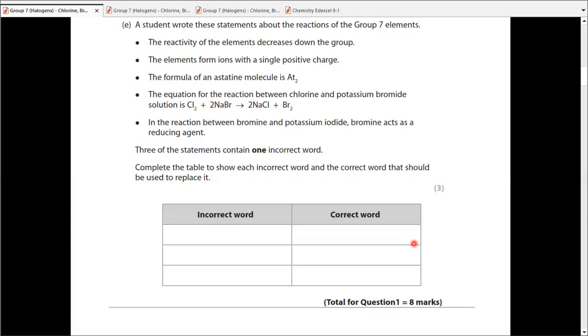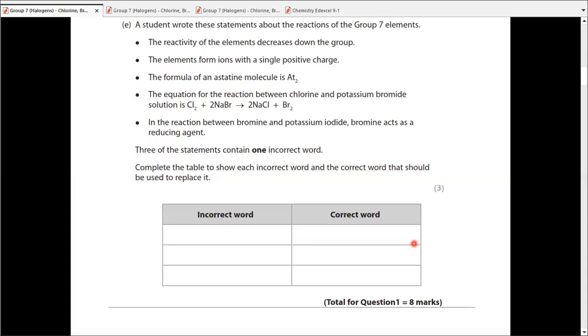In the reaction between bromine and potassium iodide, bromine acts as a reducing agent. OIL RIG. Reducing means gaining, right?